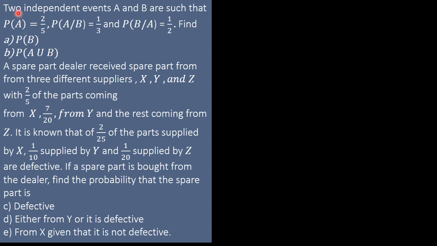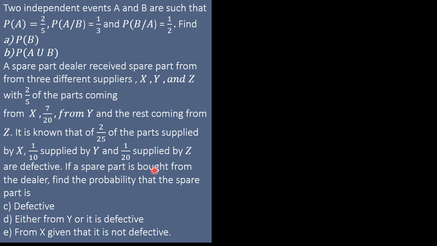Awesome guys, awesome. So friends, the next part starts by saying that a spare part dealer receives spare parts from 3 different suppliers X, Y and Z, with 2/5 of the parts coming from X, 7/20 from Y, and the rest coming from Z. It is known that 2/25 of the parts supplied by X, 1/10 supplied by Y, and 1/20 supplied by Z are defective.